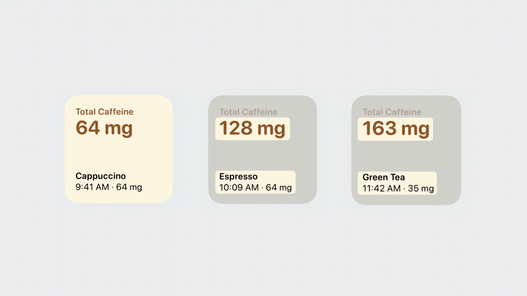SwiftUI determines what is the same and what is different between the entries, and animates the parts that have changed. By default, widgets get an implicit spring animation and various implicit content transitions. But you can use all the transition, animation, and content transition APIs that SwiftUI provides out of the box to customize how your widget animates.